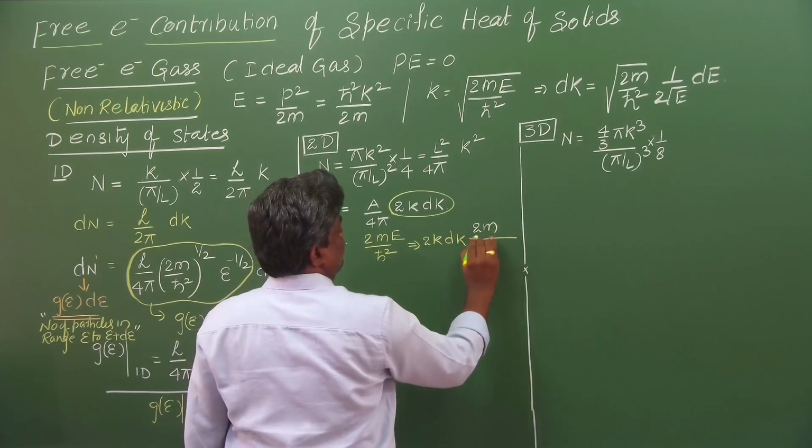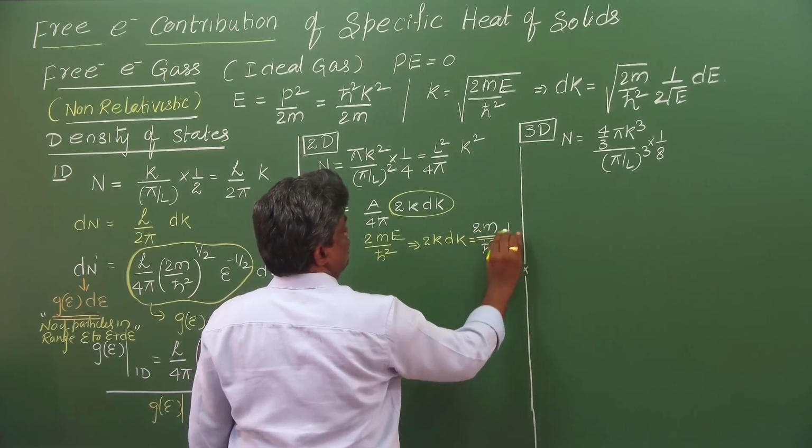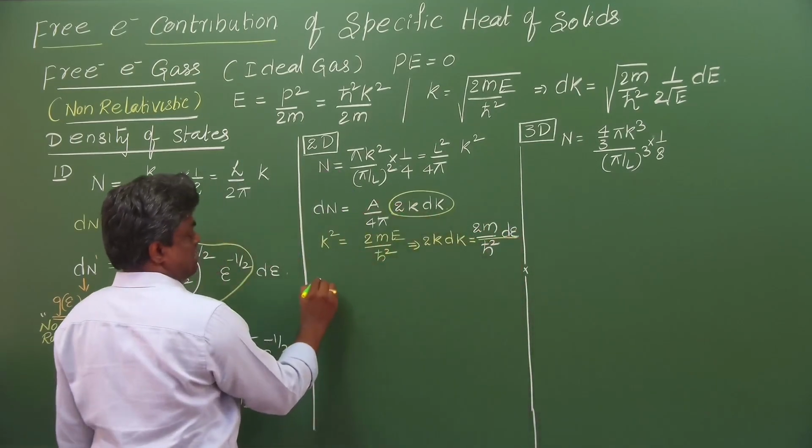I think here you got 2m by h cross square dE. Please take it and substitute.